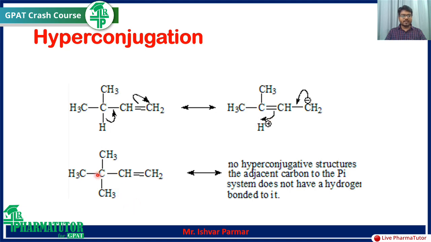But this carbon does not have any alpha hydrogen, so it does not form any hyperconjugative structure. So always remember, to form hyperconjugation there must be a presence of an alpha hydrogen.